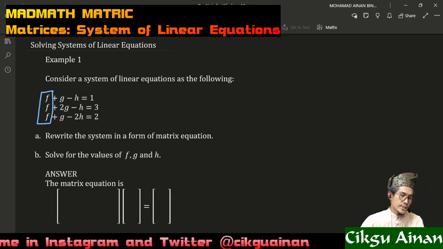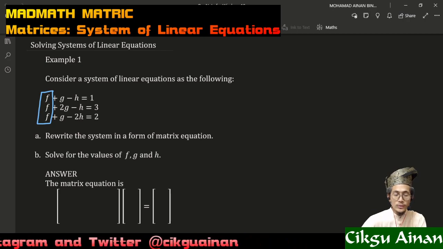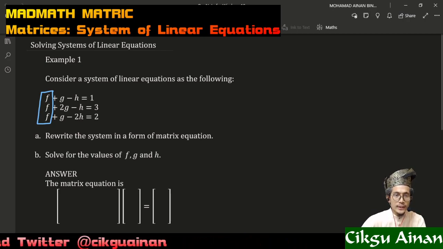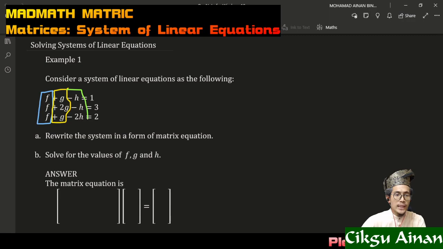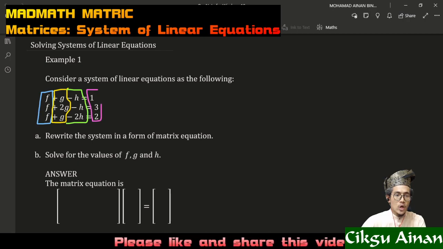The first one I boxed with blue are all f, the second one is the column for g, and the green one over here is all for h, and last but not least are the constants.